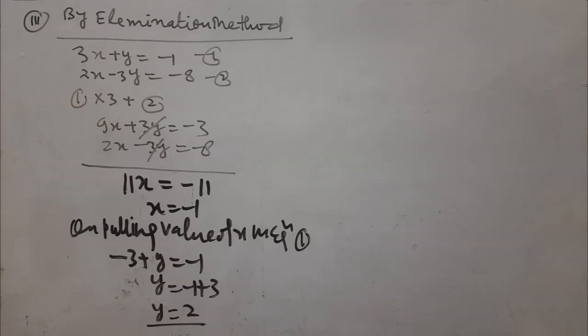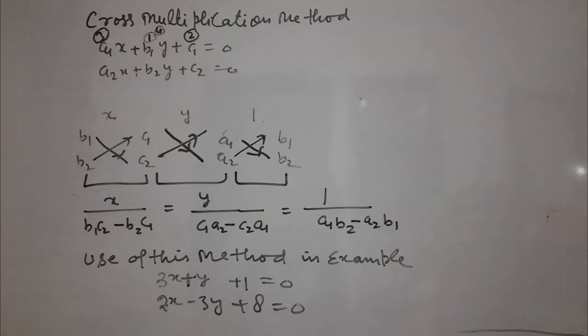Now we will discuss the fourth and last method, the cross multiplication method. Let two equations be a1x plus b1y plus c1 equals 0 and a2x plus b2y plus c2 equals 0. Write x, y and 1. Then first we will write the coefficient of y, second the constant term, third the coefficient of x, and fourth again the coefficient of y.